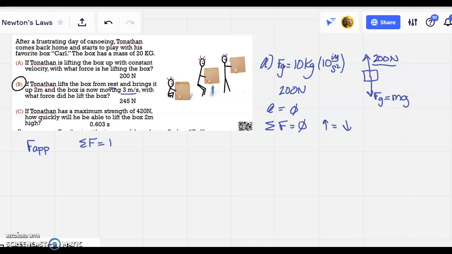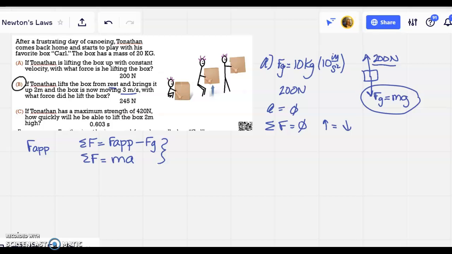So he has to be applying a force that is going to overcome gravity and also cause it to accelerate. So the net force acting on it is the applied force minus the force of gravity. And that's what causes it to accelerate. So the net force is going to be mass times acceleration. So these two things are equal to each other.